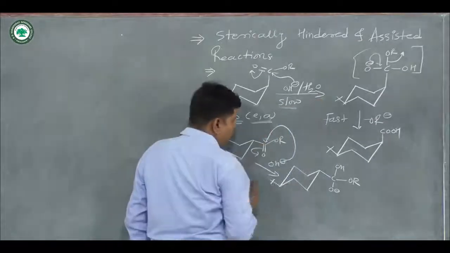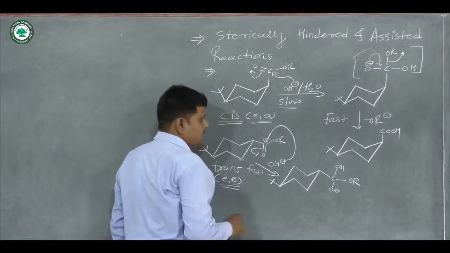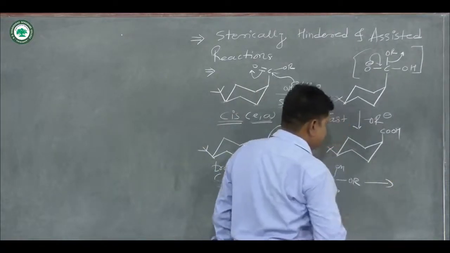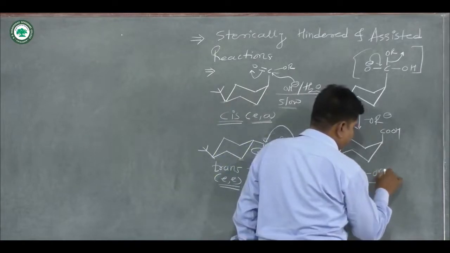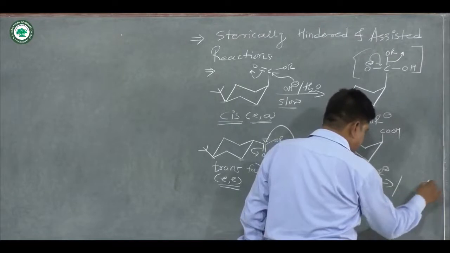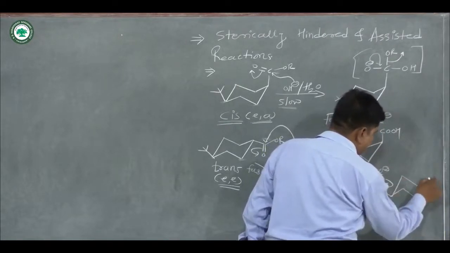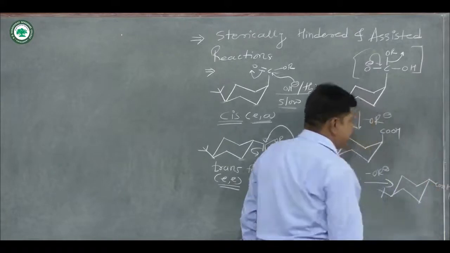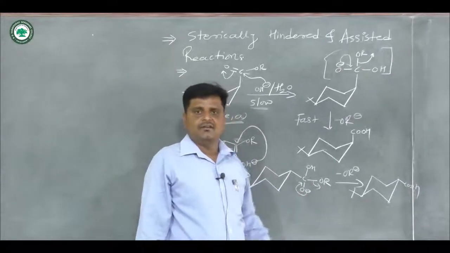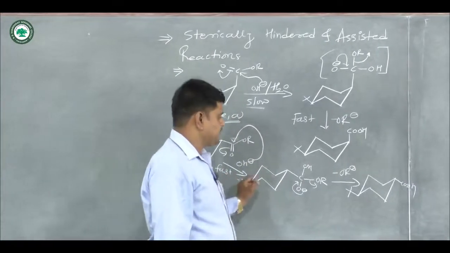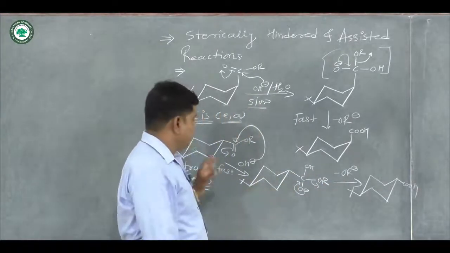Here the first step is slower, but here the first step is fast, and the second step, which involves loss of the alkoxy group, is carried out, and we get the final product as a substituted acid, which is also at the equatorial position. The trans acid we get here.